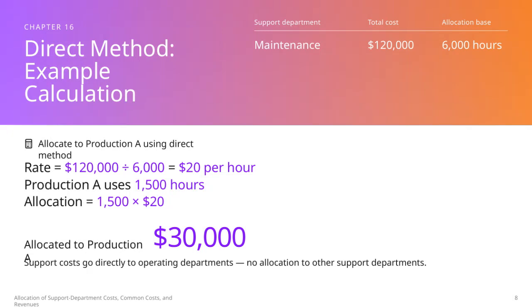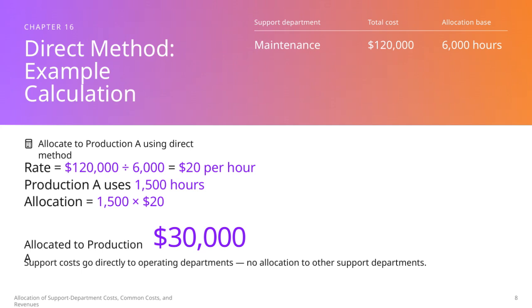Now let's look at an example calculation using the direct method for allocating support department costs. In this case, we have the maintenance support department with a total cost of $120,000. The allocation base we are using is the number of hours, which totals 6,000 hours for maintenance.